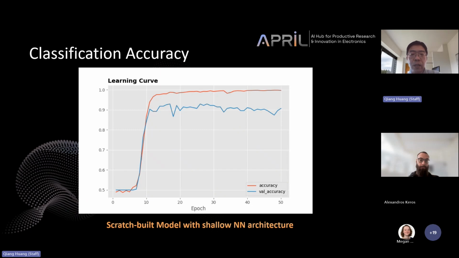Classification accuracy. This slide shows the classification accuracy using the scratch-built model with a shallow neural network architecture. This architecture only contains 8 convolutional layers, I cannot remember exactly, could be 6 or 8.